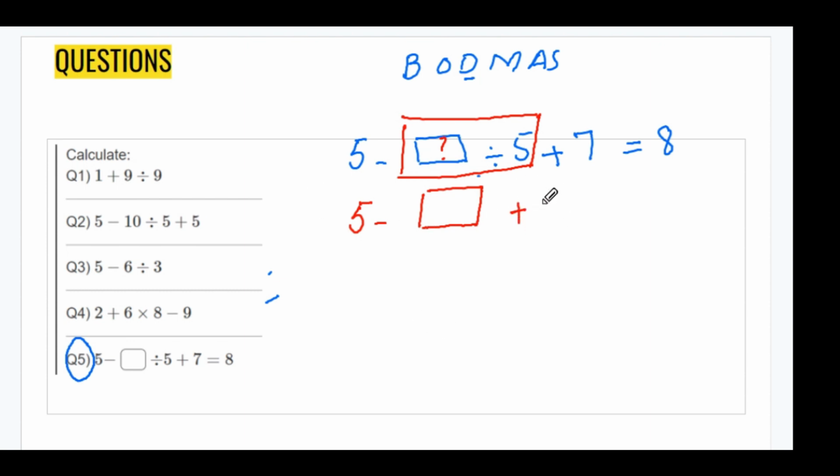So now we are going to collect the other numbers together. This is plus 5, right? So this will remain as 5, and I'm picking up this 7 and bringing it here with 5. Like this, 5 plus 7, leaving other things as they are, that is minus this one box.